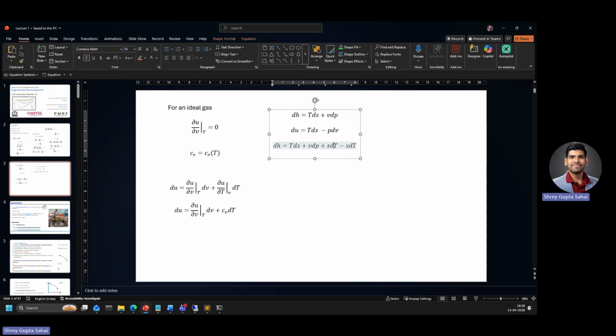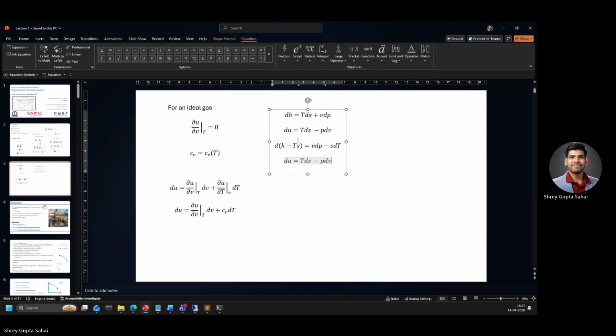Yes. So now this term gets combined to be d of TS, which can become H minus TS, and then even here we'll repeat the process to say that we'll add plus S dT minus S dT.